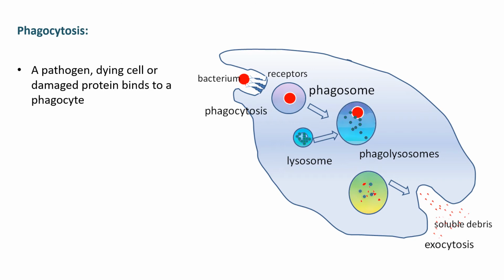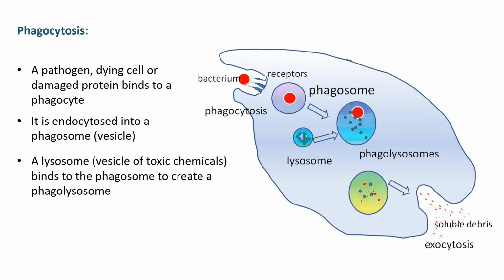They're called pseudopodia, fake feet, to engulf both the receptors and the target. The target is endocytosed into a phagosome. This is just another type of vesicle. That phagosome then fuses with a lysosome.